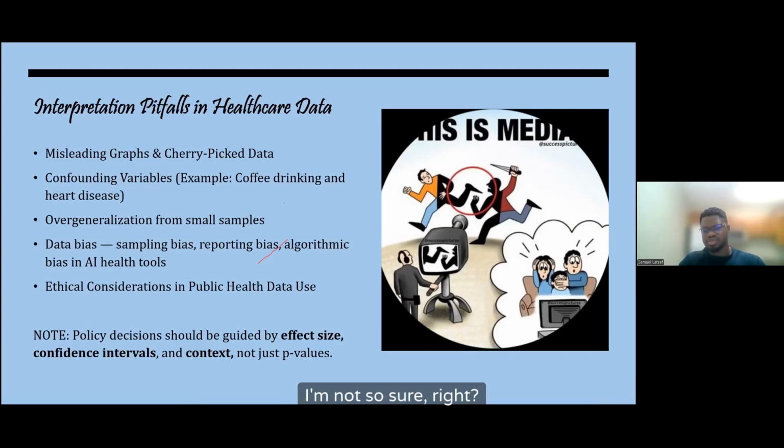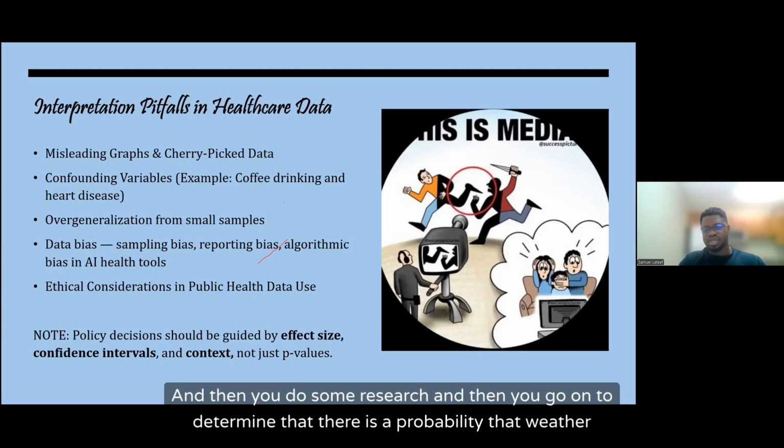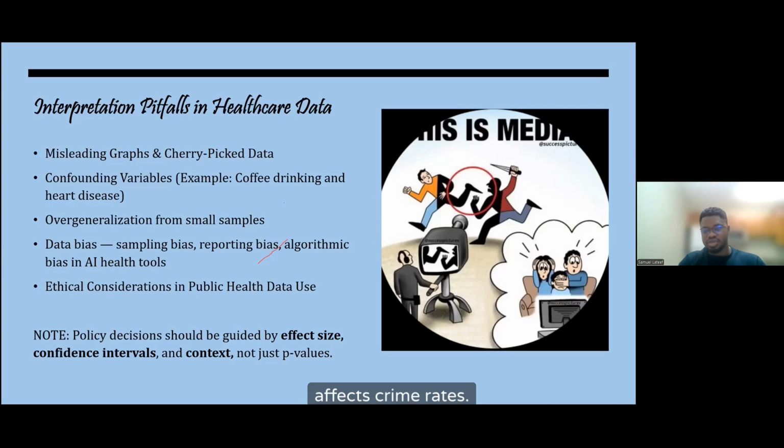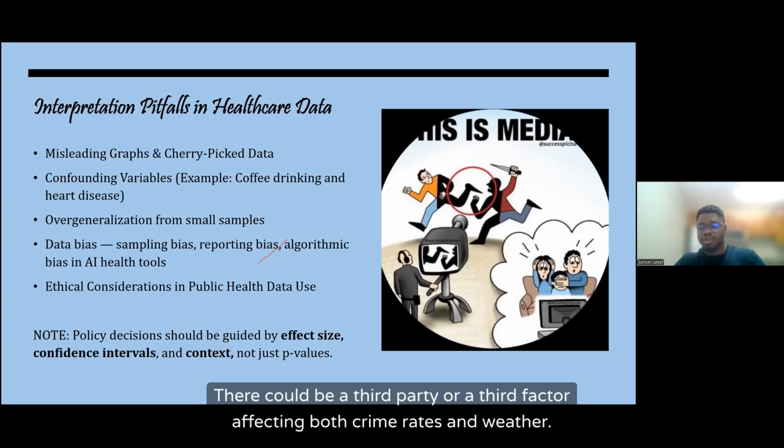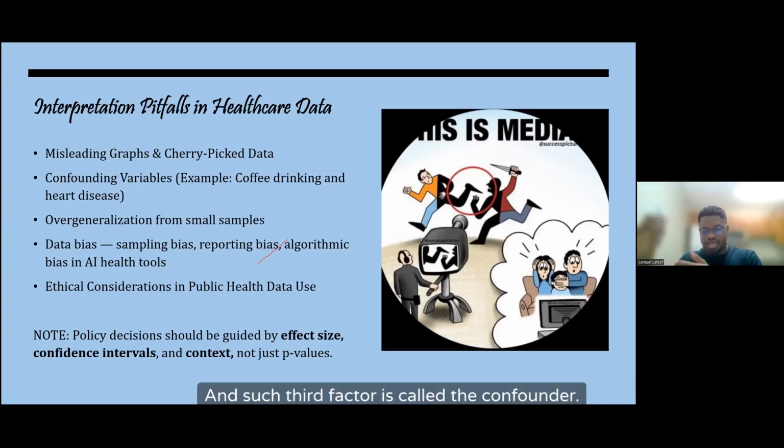I'm not so sure. And then you do some research and determine that there is a probability that weather affects crime rate. What I'm saying is, don't be quick to make such an assertion. There could be a third factor affecting both crime rates and weather. And such a third factor is called a confounder.